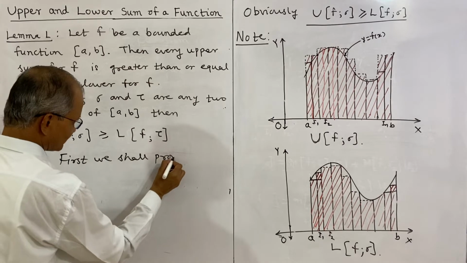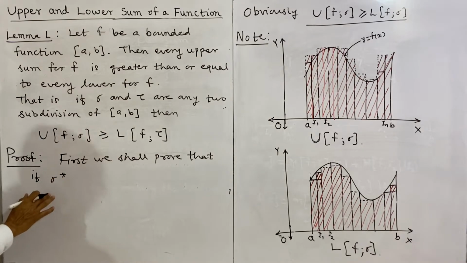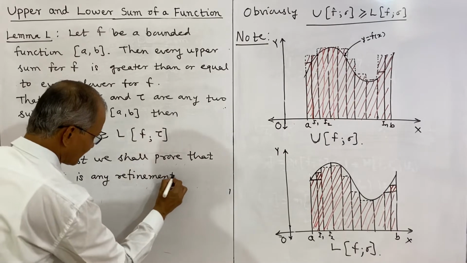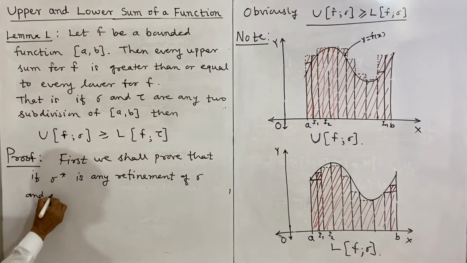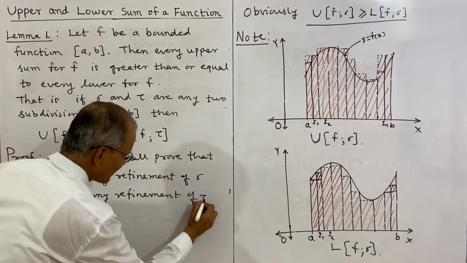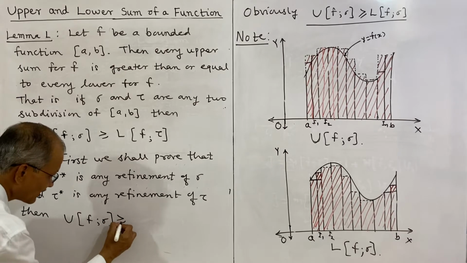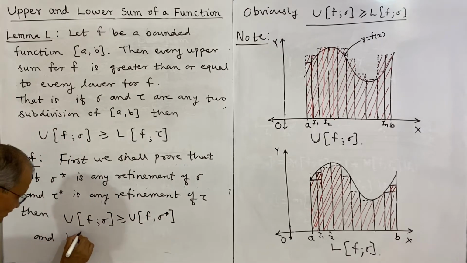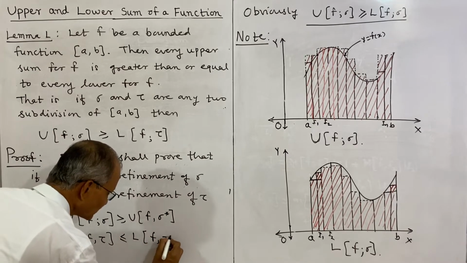We shall prove that if sigma star is any refinement of sigma, meaning it is obtained by adding more points of division in sigma, and tau star is any refinement of tau, then the upper sum for f on sigma is greater than or equal to the upper sum of f on sigma star, and the lower sum of f on tau is less than or equal to the lower sum of f on tau star.